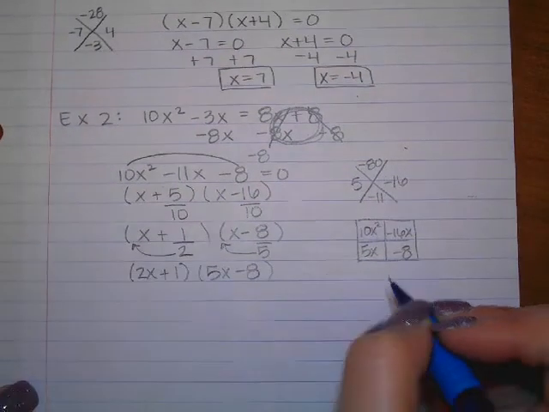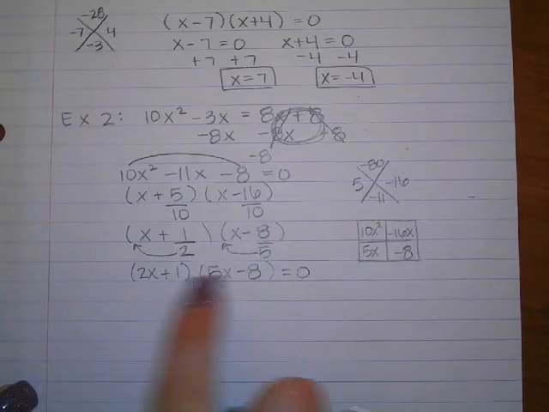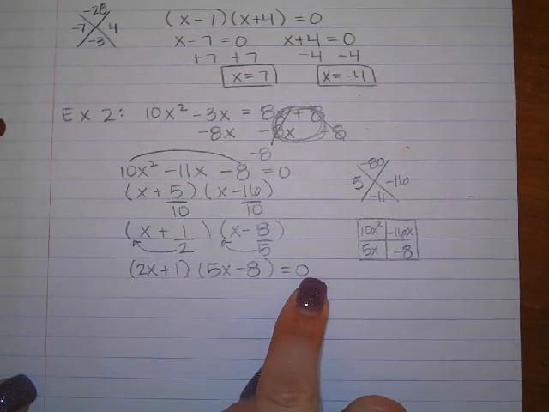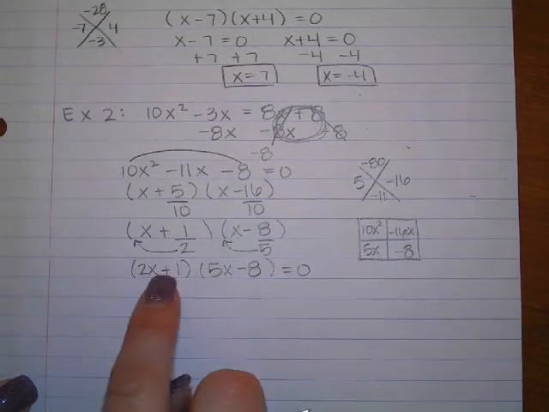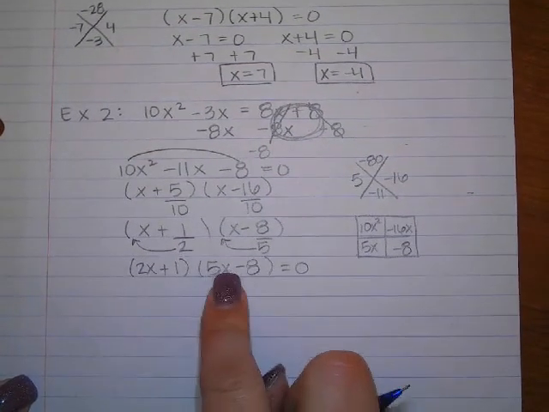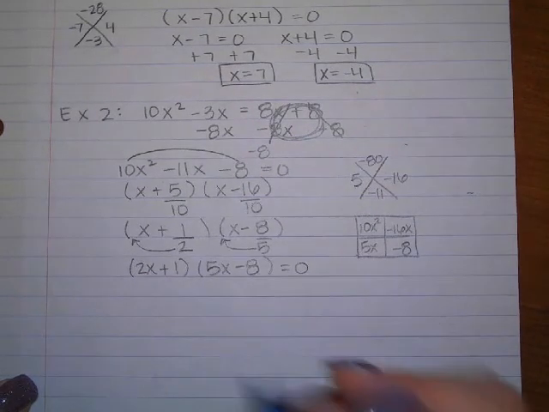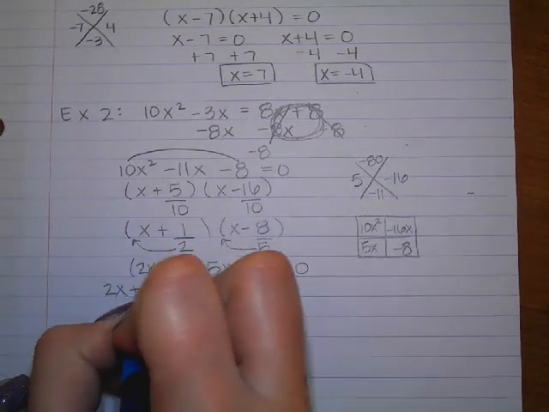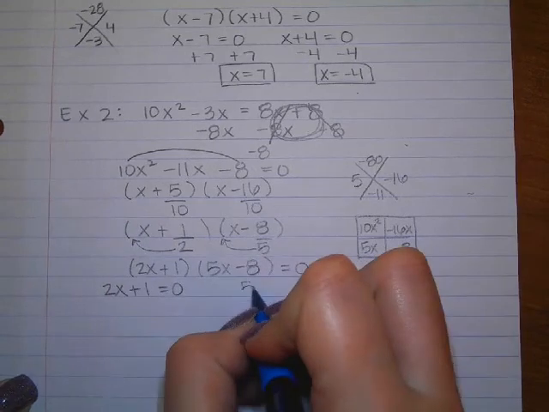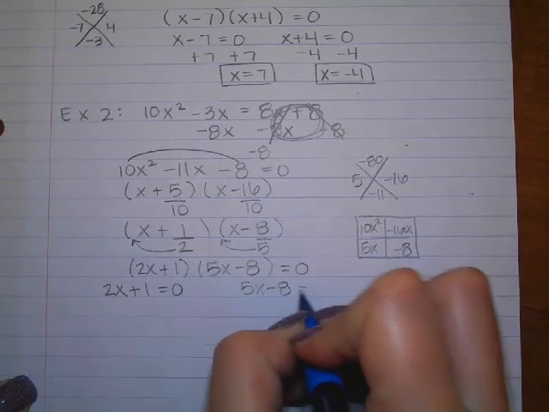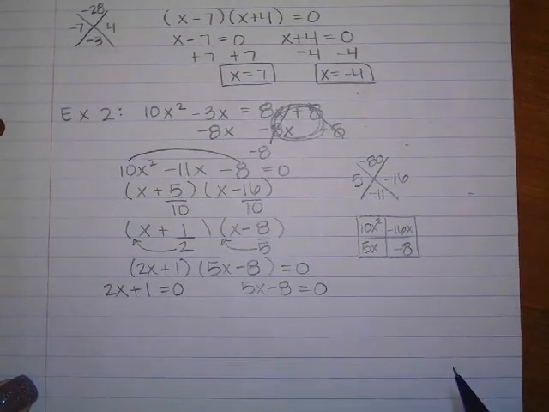All right, so I've got these two factors equal 0. So again, the zero product property says if I have one number times another number equals 0, then the first number could equal 0, or the second number could equal 0, or they both could equal 0.